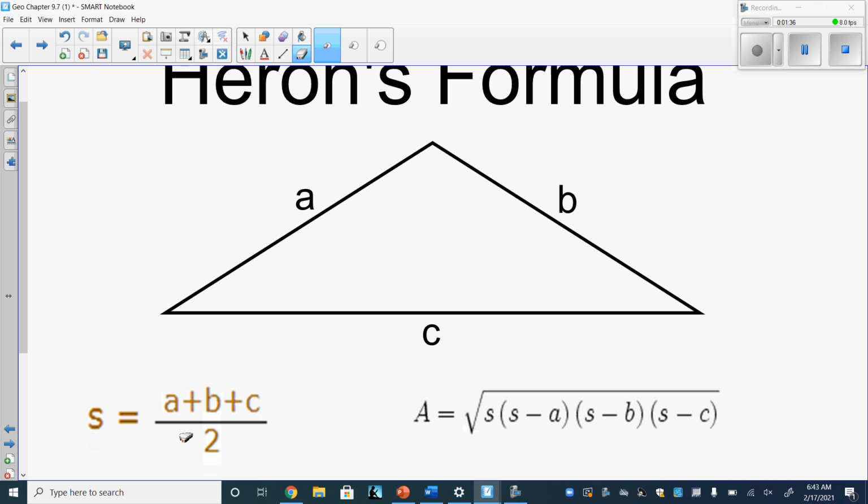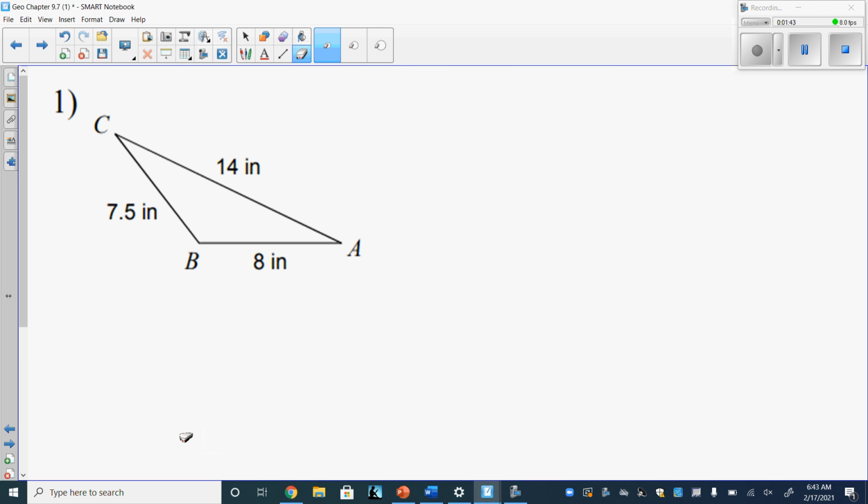So again, just like yesterday, this is another one where we're just plugging numbers into the equations and solving. And so we'll look at 4 examples of this, trying to find the areas of these different triangles.